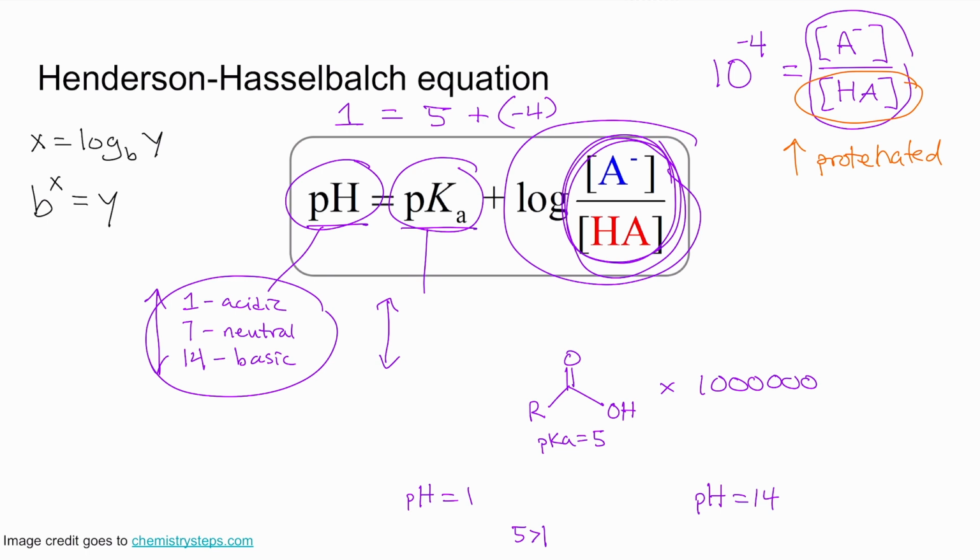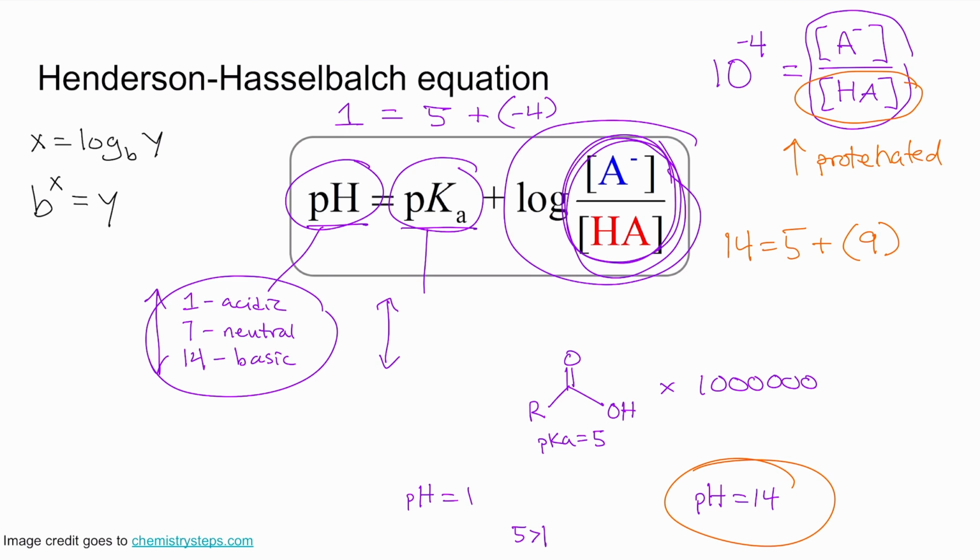And we can find the same result if we plug in pH equals 14. We will see that we get 14 equals 5 plus some number, and with basic algebra we can tell it has to be 9.